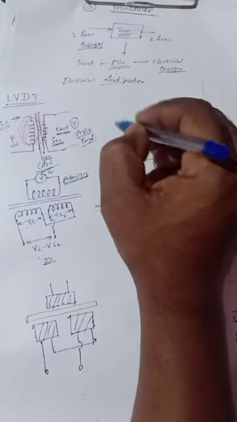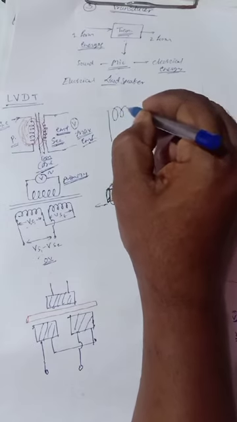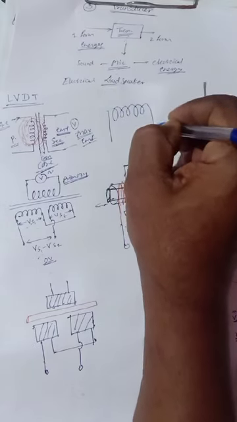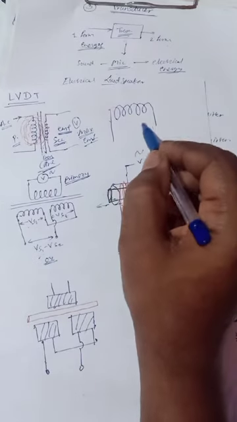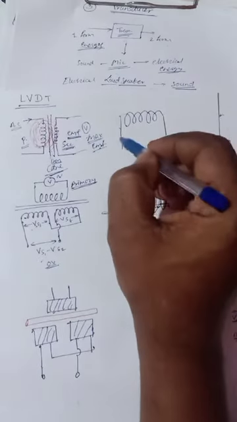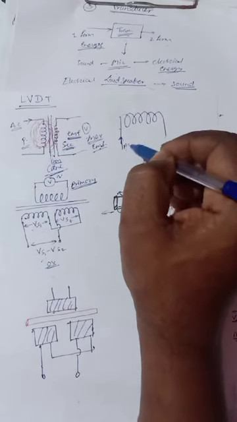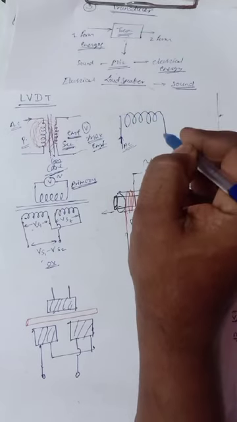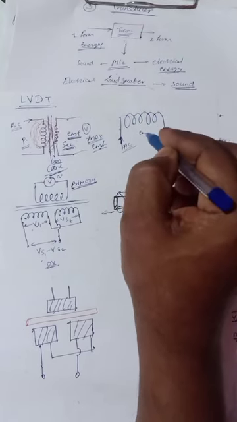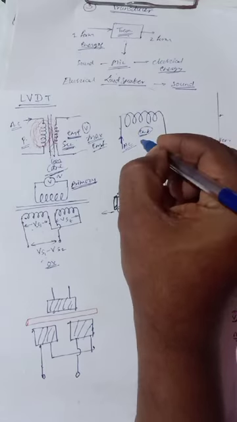So there is another principle we have to know. Suppose this is a coil, and we apply a varying current, an AC voltage. When current flows through this coil, EMF is induced in the coil itself, which is called back EMF.